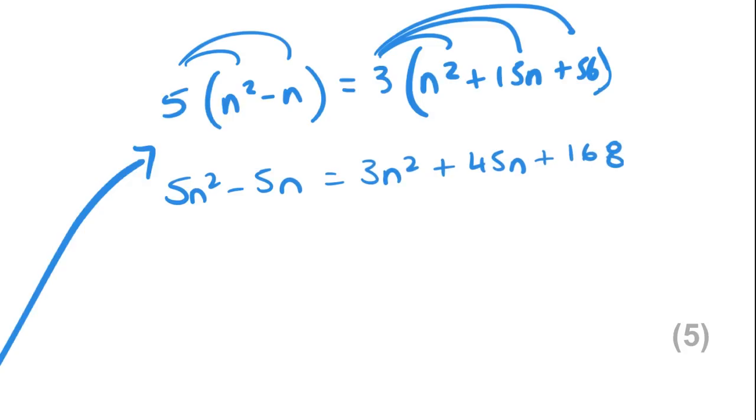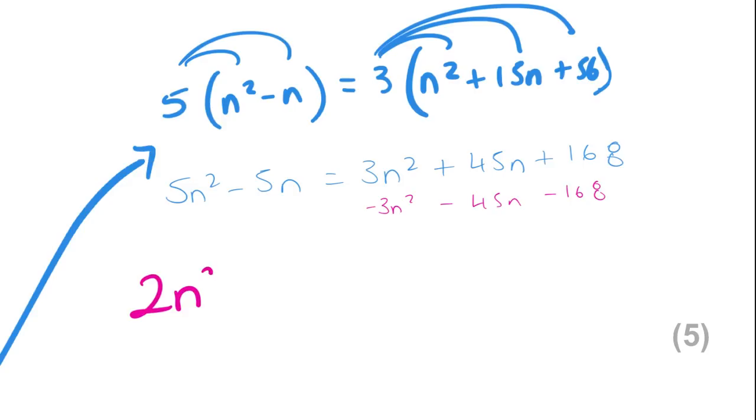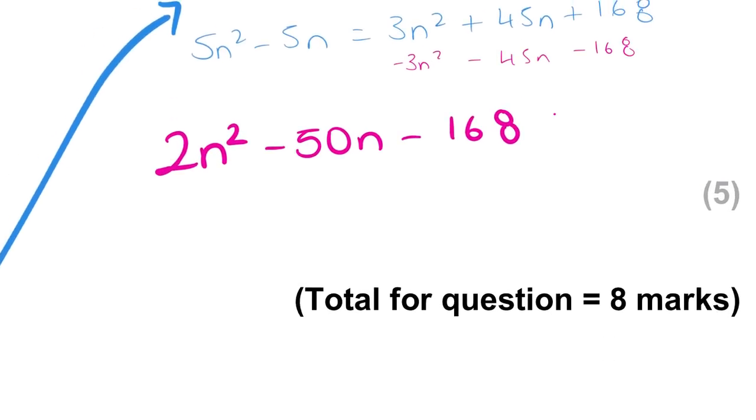Now, the next thing I'm going to do is rearrange this to get 0 so that I can solve this quadratic. I'm actually going to minus everything from my right-hand side and bring it over to the left. So 5n squared minus 3n squared is 2n squared. Minus 5n minus 45n is minus 50n. And then minus 168. Now, this equals 0.